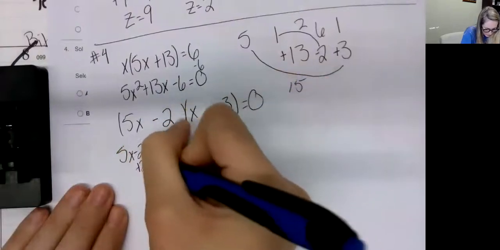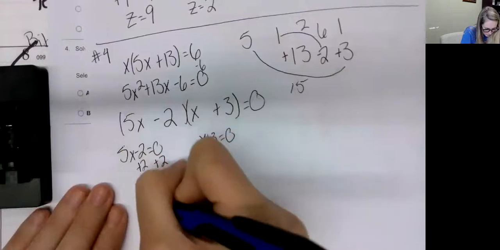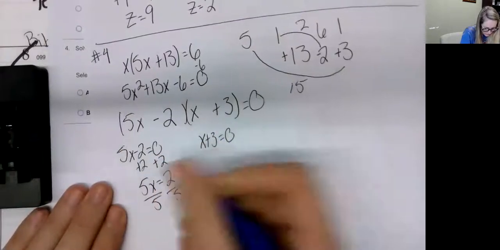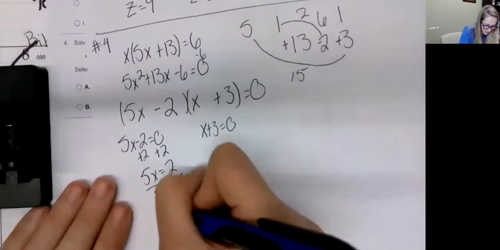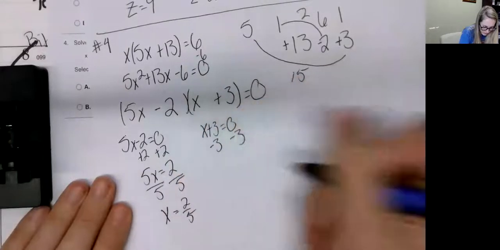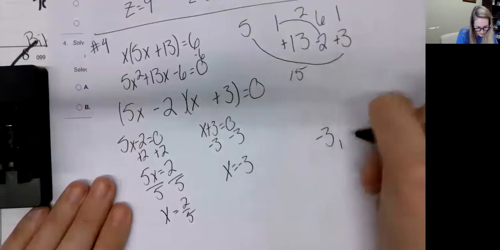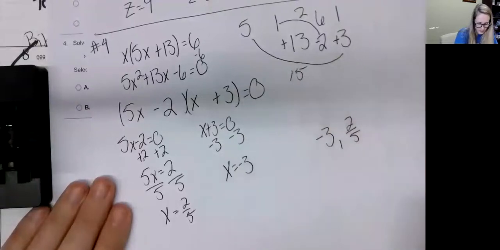I'd add my 2 here. So 5x equals 2, and divide by my 5. So x equals 2/5. Subtract 3. x equals negative 3. So I'd have negative 3 and 2/5 as my answer.